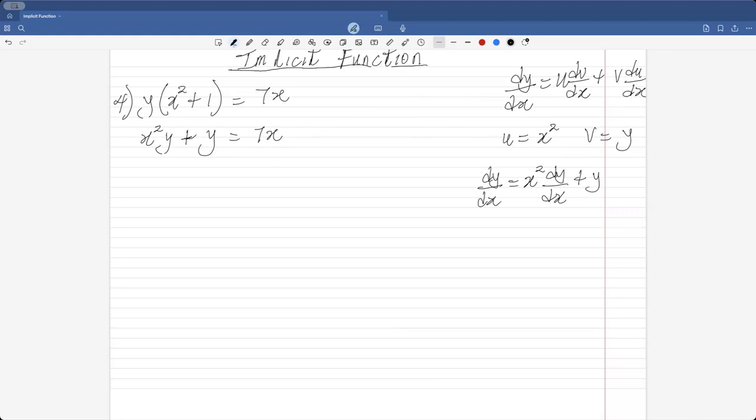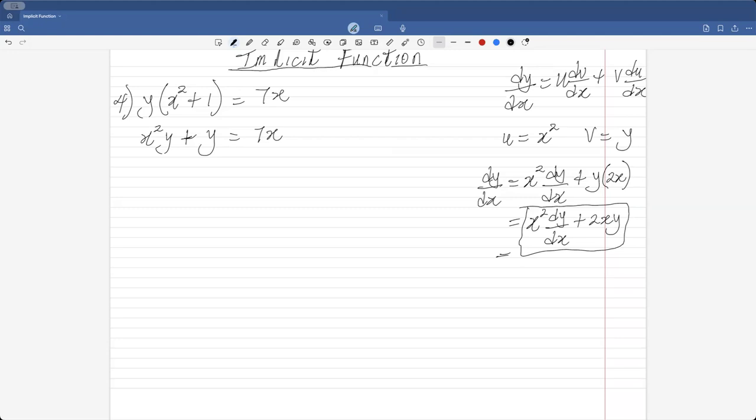The derivative of x squared, which is the same as du/dx, is nothing but 2x. So at the end of it all, we have x squared dy/dx plus 2xy.